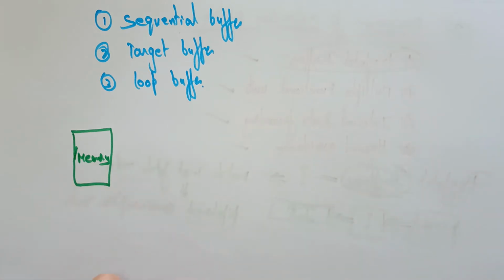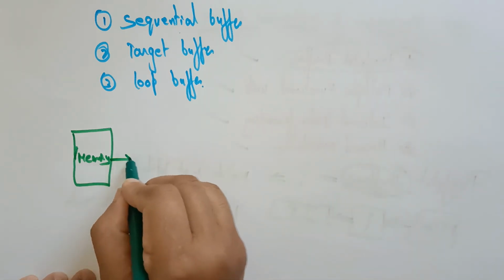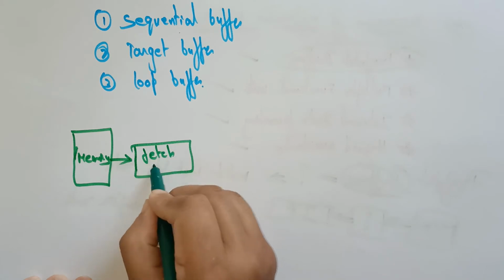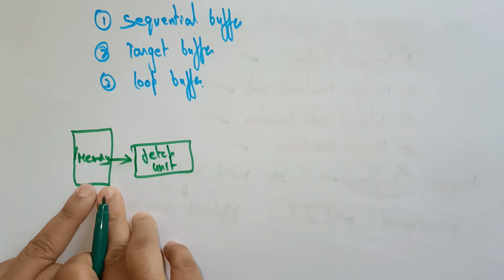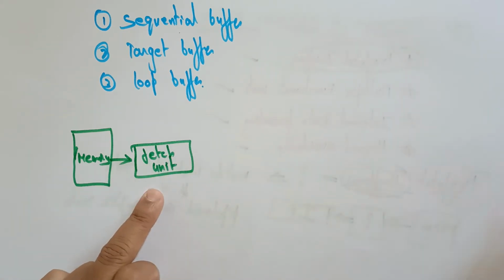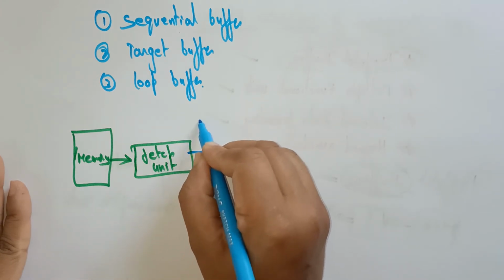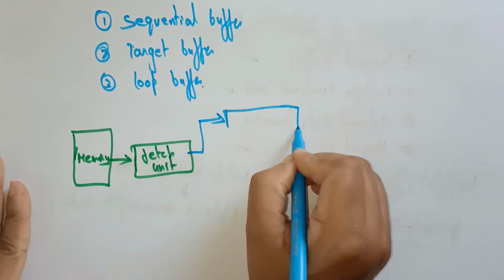So from the memory the data has to be fetched. This is a fetch unit, getting the data from memory. Now, at the fetch unit, our main buffer concept occurs. Whenever we fetch the data, that data has to be placed in the prefetch buffers. For that, there are different buffers.